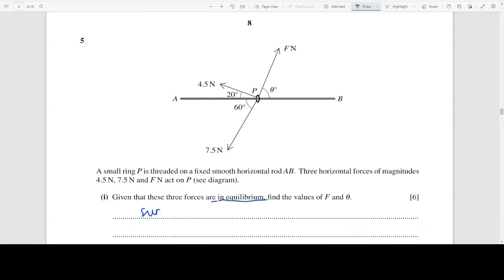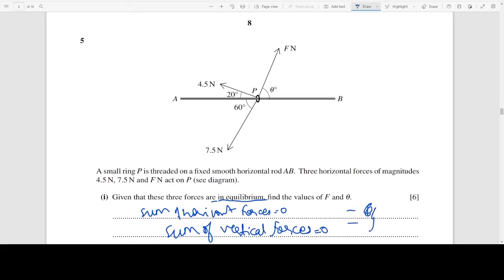So the sum of horizontal forces is equal to 0 and the sum of vertical forces is also equal to 0. So we can form two equations to find F and theta. Just to find two variables we need two equations.